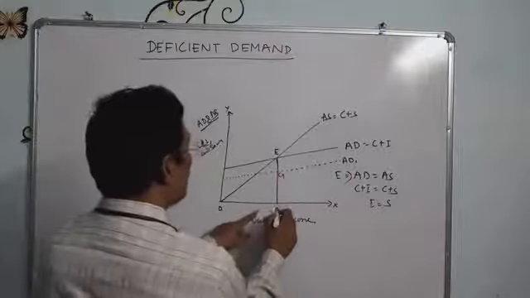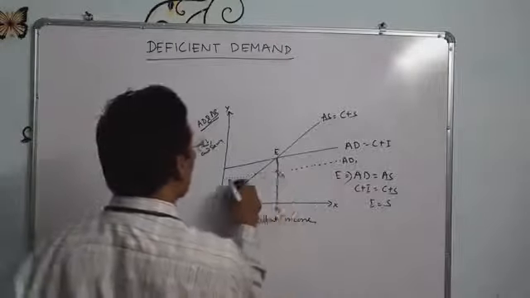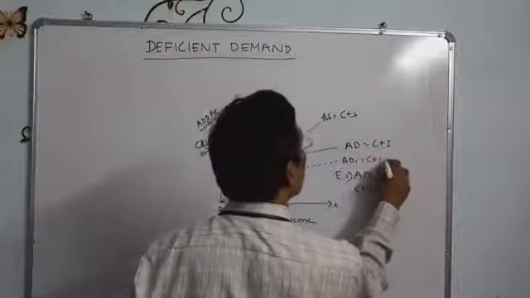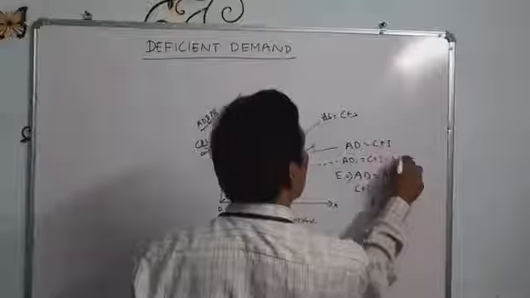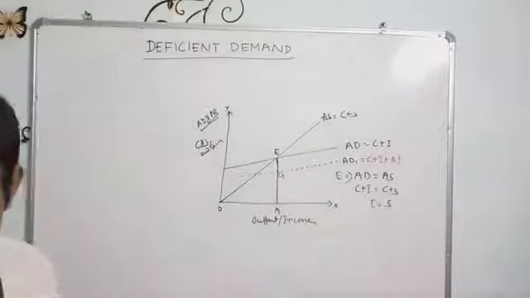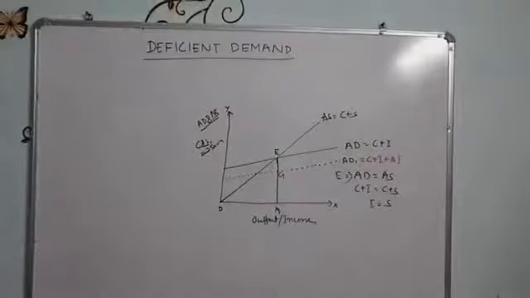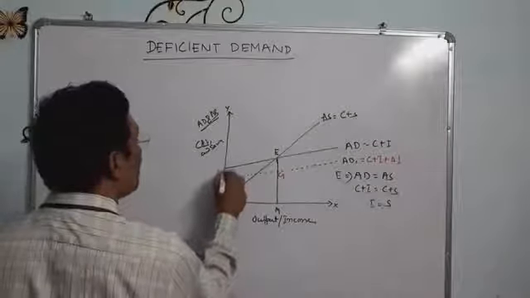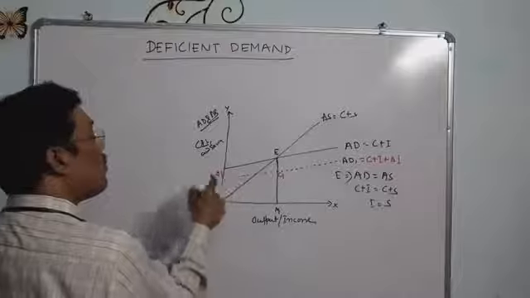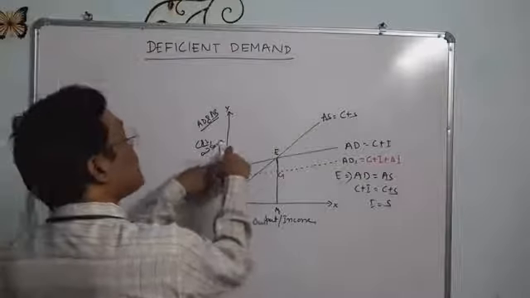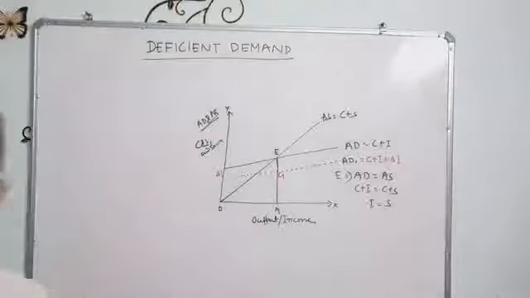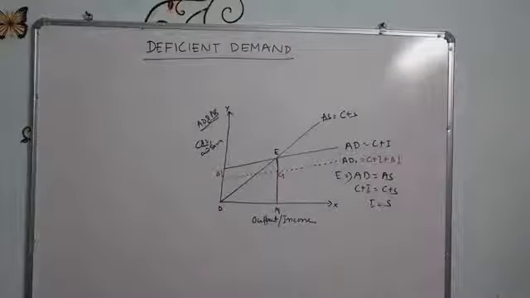At the OM level of output, G is a point on AD dash, that means consumption plus investment plus delta I. But delta I is reducing. Previously we discussed delta I increasing above AD dash. Now it is below AD dash.